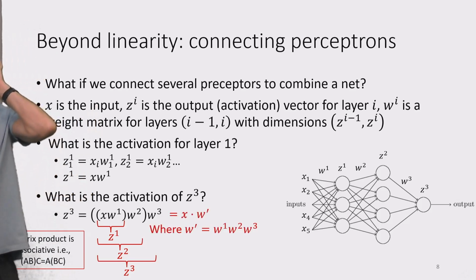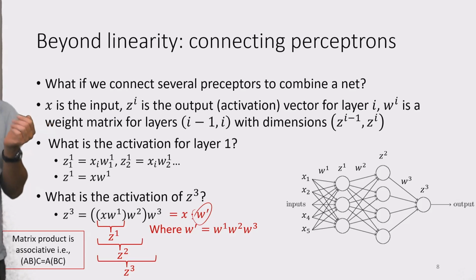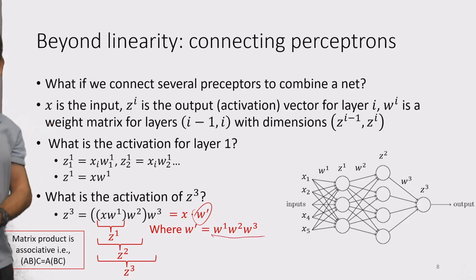Meaning that I can rewrite this as X, our input vector, times some W prime. What is W prime? It's just a multiplication of these weight matrices. So what did we get? We get X into W prime, right?